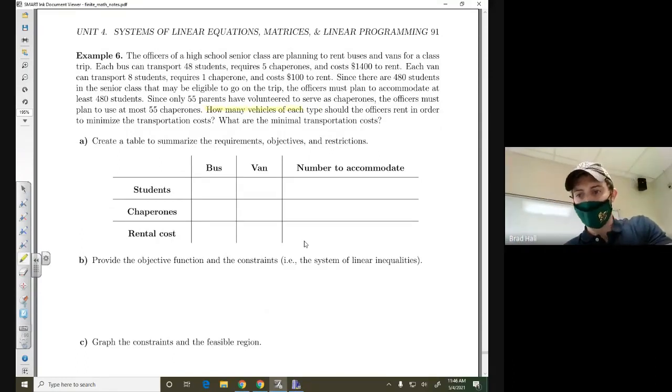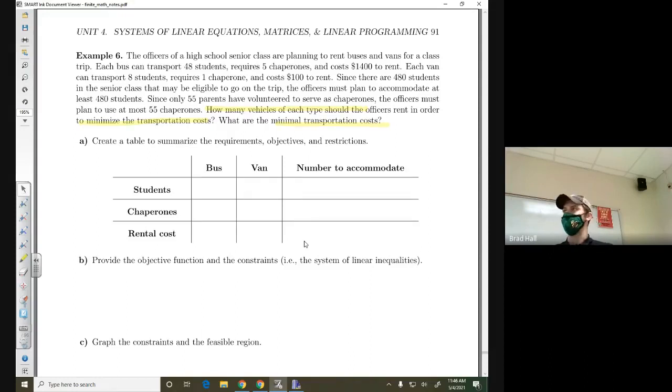How many vehicles of each type did they rent to minimize the cost? So we're trying to minimize something. And then what is the minimum cost? So it's the same type of problem. It's just they give us even less information from the previous example. They don't even give us a table. Now, I gave a table that your homework does not give.